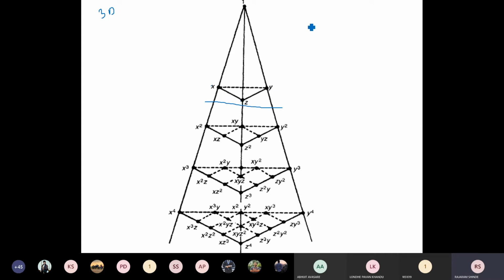Now you can see here your polynomial is, first term is constant alpha 1, second term is alpha 2 x. Next is alpha 3 y. Next is your alpha 4 z.